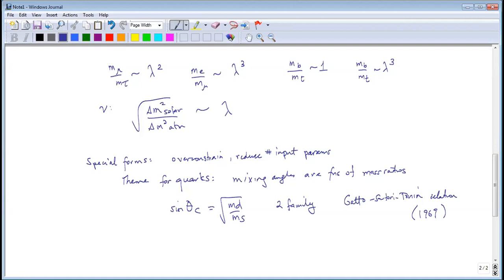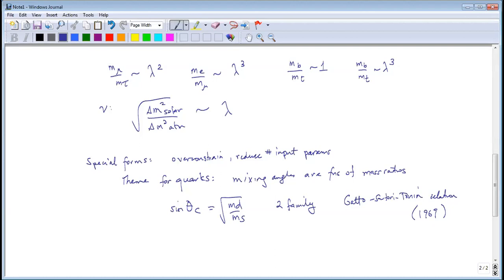Maybe they come from higher dimensional operators that are tree level. As I said, first we start with these special forms and eventually try to figure out how to implement them more consistently in a more complete theory. And as we'll see, there are some very nice ideas in this domain. In general, part of why the standard model fermion mass puzzle is such a tricky problem is that the devil is in the details, as we will see.